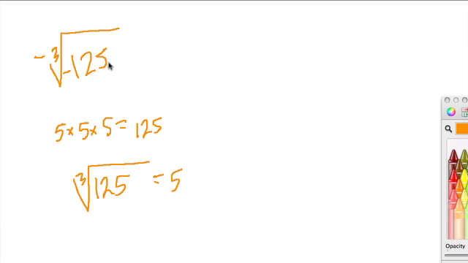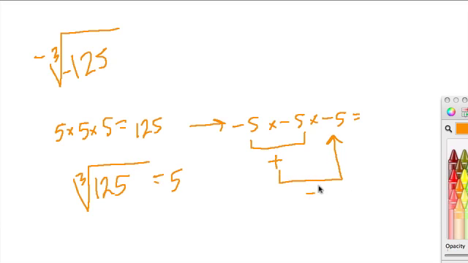Here, we want to know the negative cubed root of negative 125. What does that mean? Well, interestingly enough, if you take negative 5 times negative 5 times negative 5, every pair of negative numbers is a positive product. So this positive product times this negative number gives you a negative. So this is negative 125.